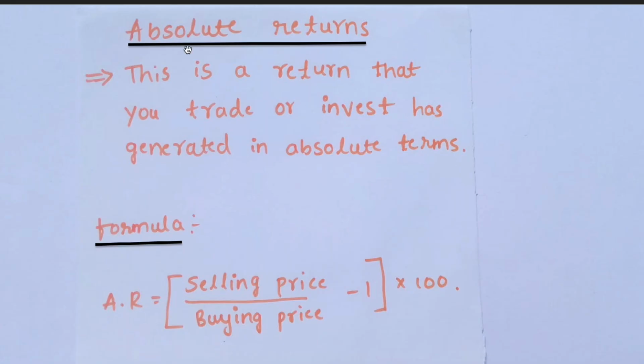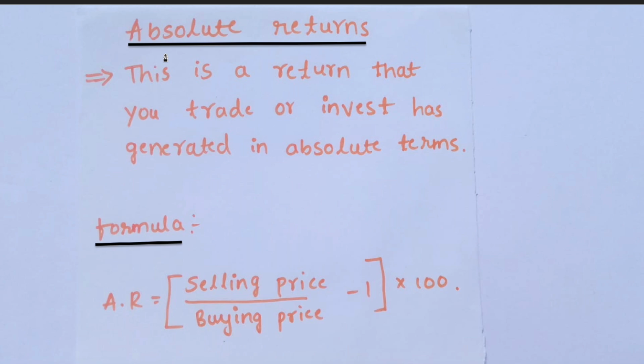The first one is absolute returns. This is the return that you generate in absolute terms by investing or trading. That is called absolute return.